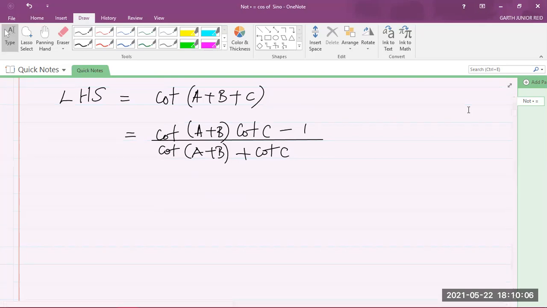So let us see what we can do here. What is the cot of A plus B? We already know that; we were given that in the question, and that's what we just proved previously.